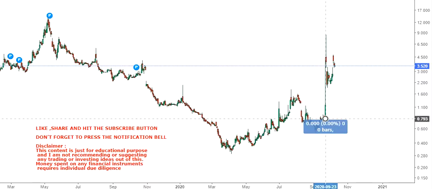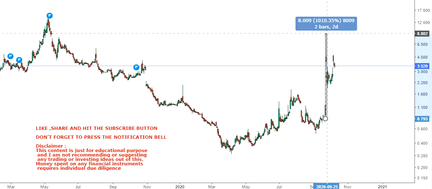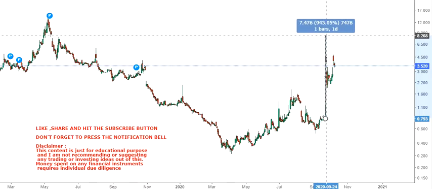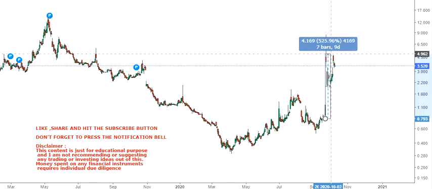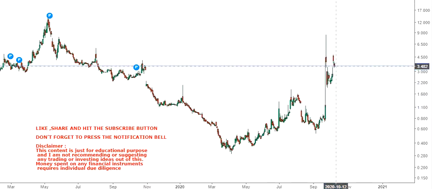From September it went up about 1000%, then it fell down and is trying to consolidate within a range.